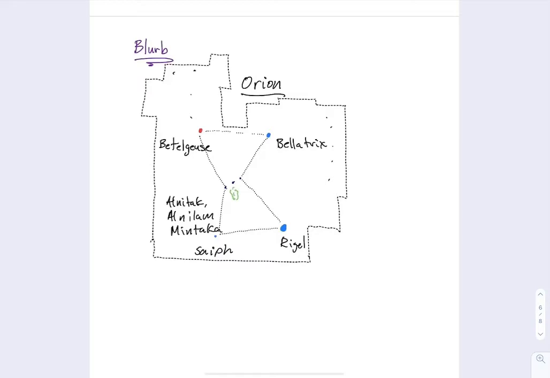And it's cool to look at in a telescope, but that's M42, the Orion Nebula. So this is Orion, and what I drew around the edge of Orion is the constellation border. And that constellation border, believe it or not, is technically the Orion constellation.